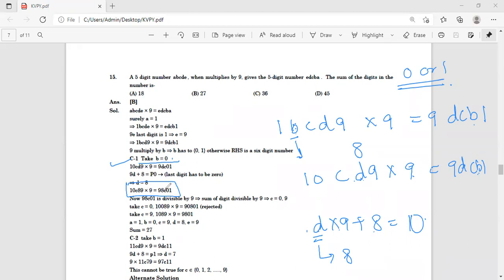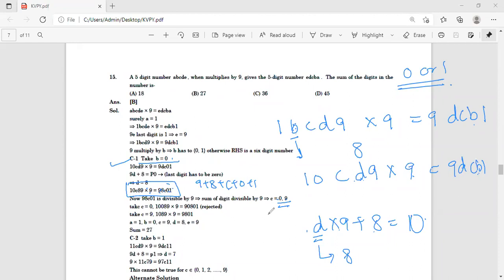Now you know the divisibility rule of 9. If a number is divisible by 9, the sum of its digits is divisible by 9. So the sum should be divisible by 9: 9 plus 8 plus C plus 0 plus 1. It is obtained by multiplying by 9, right? So it is divisible by 9. It is already 18 here, so C must be 0 or 9, a single digit number.